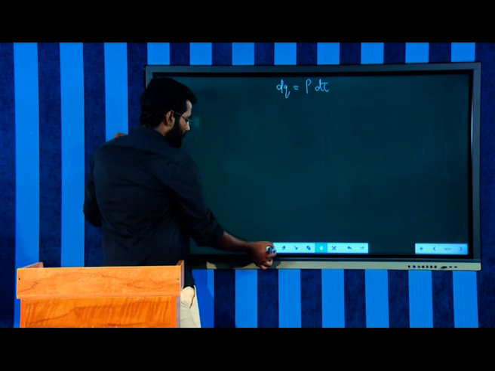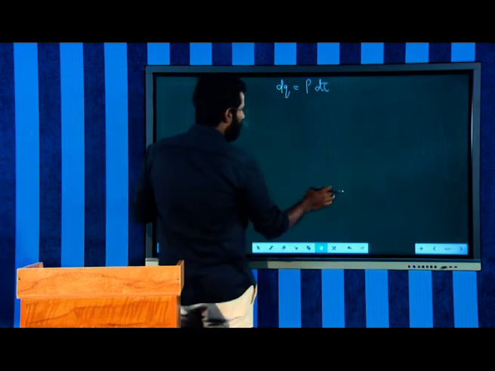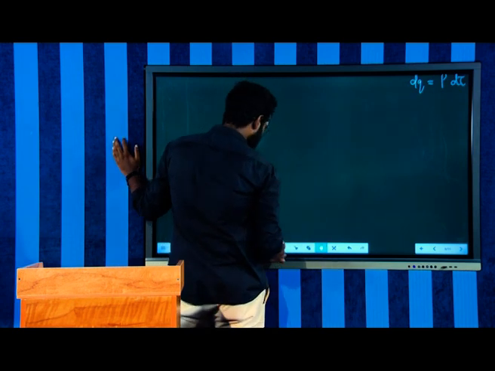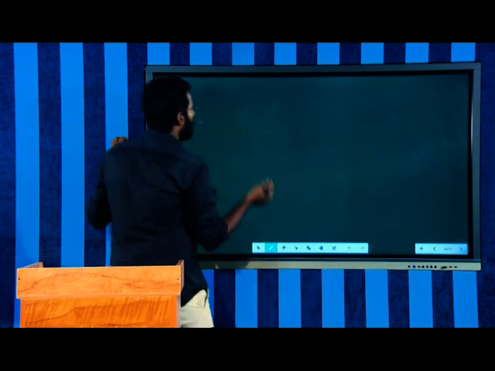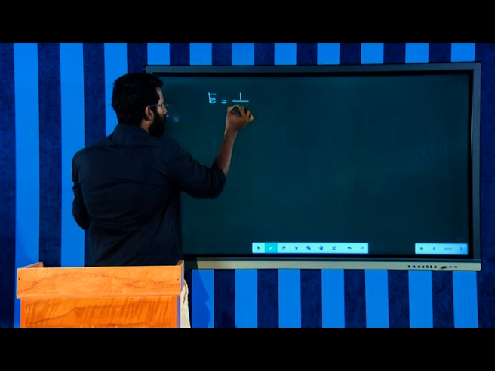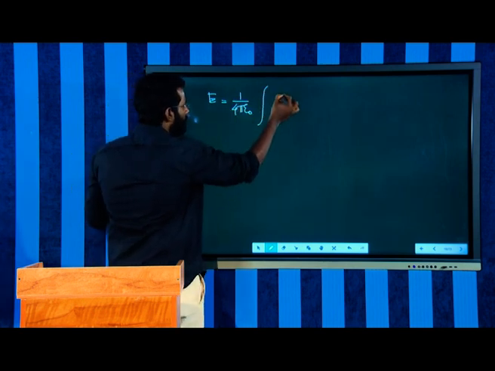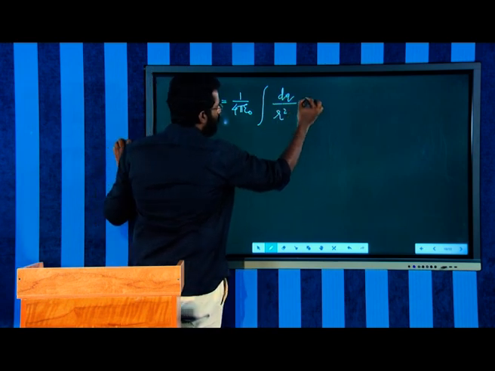Now, we are applying what we have learned before. What we have learned before was, to find the electric field, we have an equation, E is equal to 1 by 4 pi epsilon 0 integral dq divided by r square into r cap.